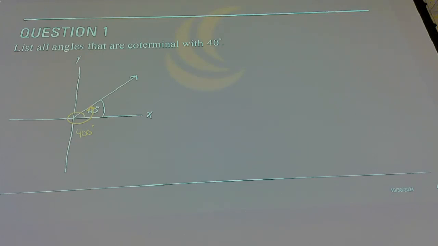Isn't that angle also the same terminal side? What is that angle?